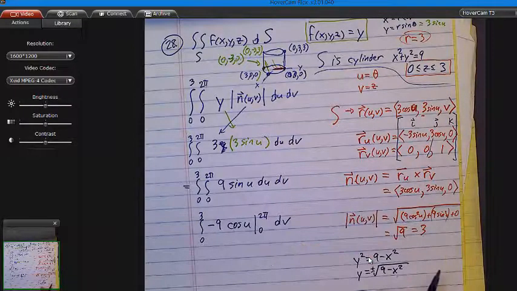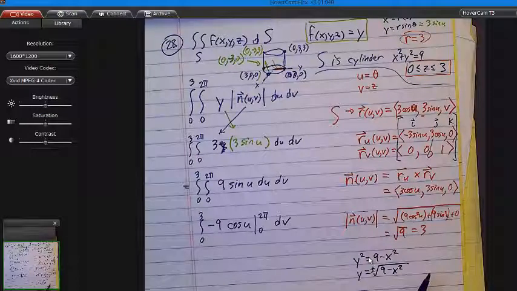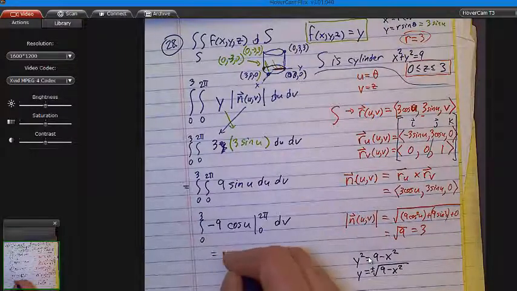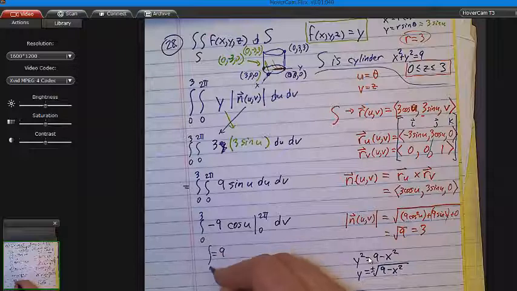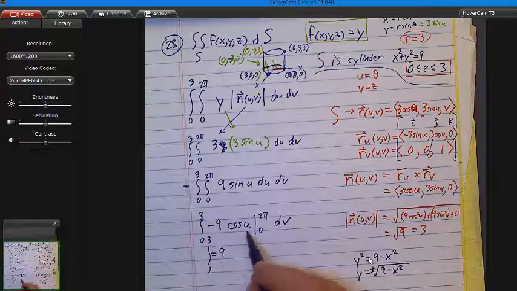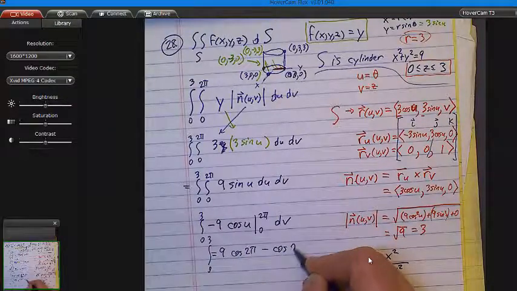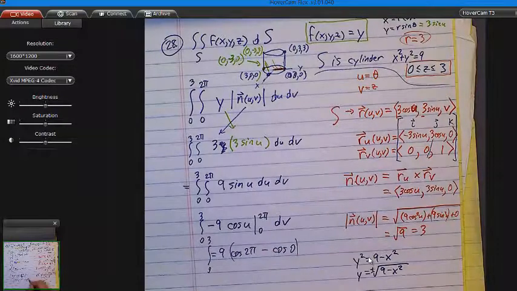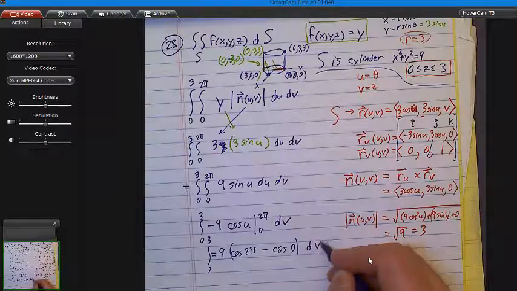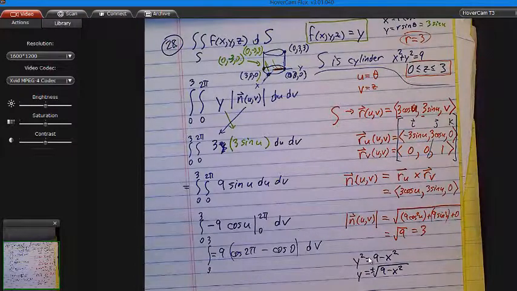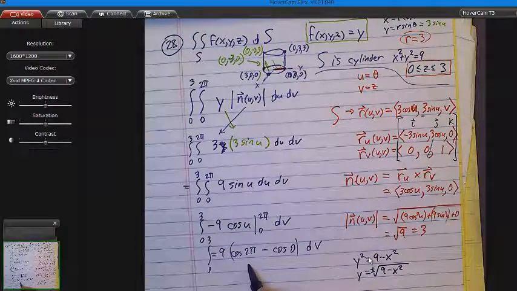I'm already done. Why? Because when I plug in cosine of 2 pi or cosine of 0, those are the same, right? Wouldn't we get negative 2? Oh, no, you're right. 2 pi and 0, yeah. I think I'm getting 1 minus 1 here. I'm getting 0. That happens a lot.